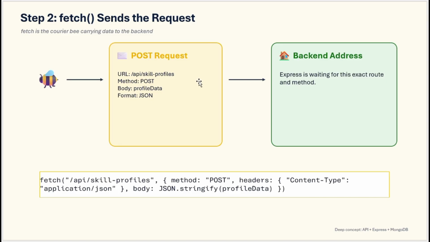The request includes the URL, the method, headers that say the data is JSON, and the body which contains the actual profile data. One important detail is JSON.stringify. The browser turns the JavaScript object into a JSON string so it can travel across the network properly.